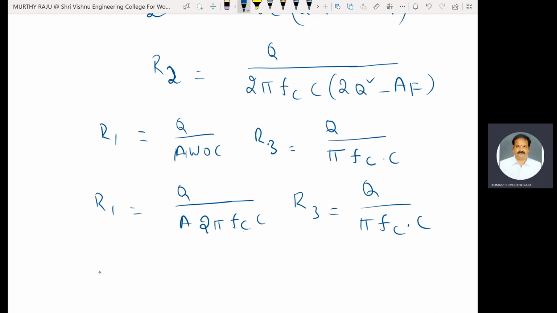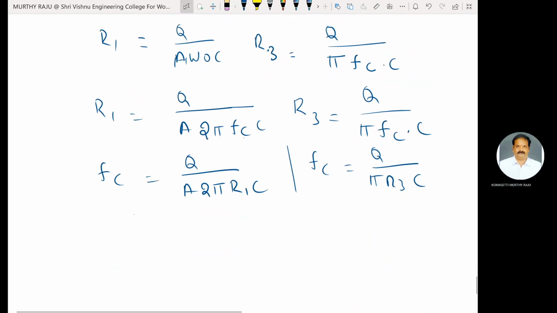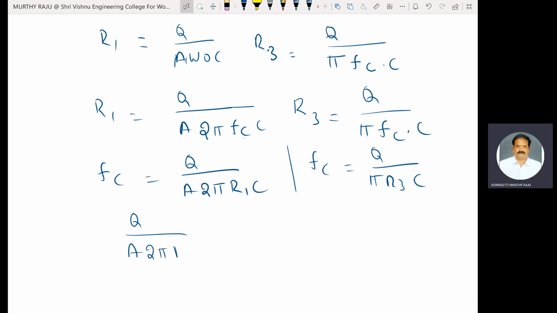From this expression, fc is equal to Q by A 2 pi R1 into C. From this also, fc is equal to Q by pi R3 into C. Equating these two, Q by A 2 pi R1 into C is equal to Q by pi R3 into C. Q cancel, pi cancel, C cancel.